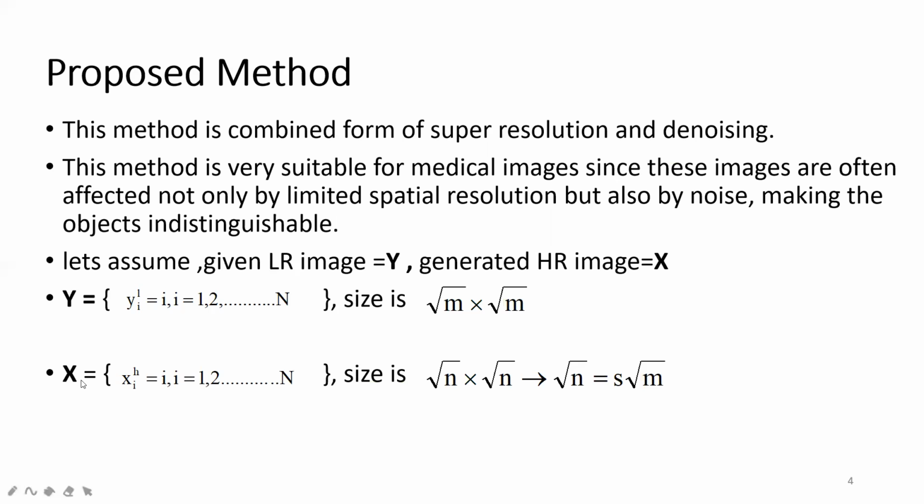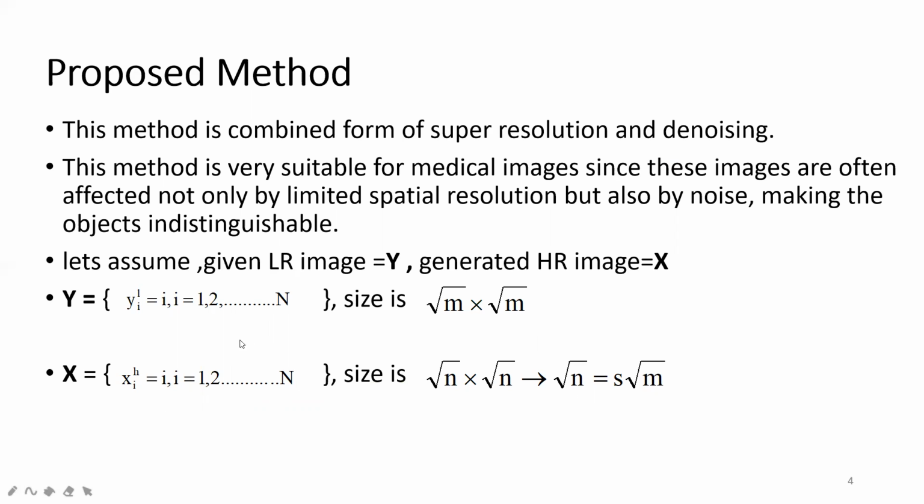So I am making X equal to, I'm visualizing like this, it also contains n number of patches with size root n by root n. And the relation between the sizes of HR image and LR image, LR means low resoluted image and HR means highly resoluted image, is root n equal to S into root m.